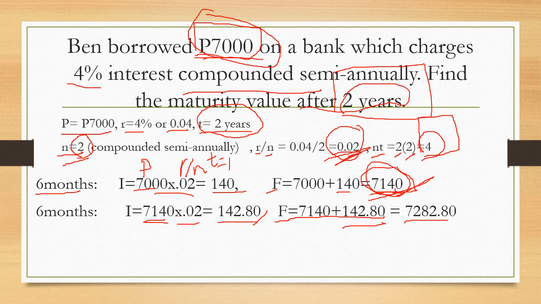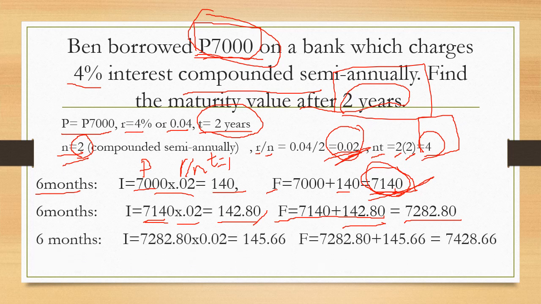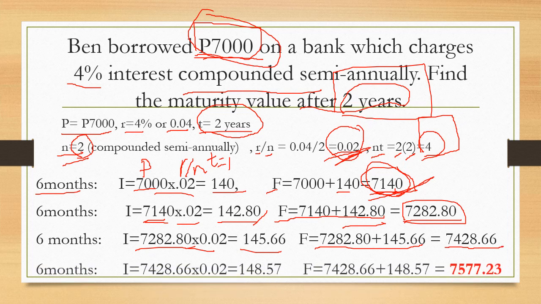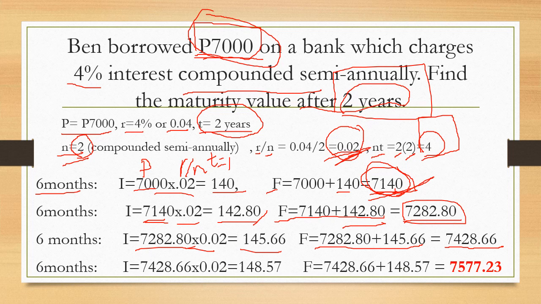So the loan now amounts to 7,282 pesos and 80 centavos. Now, for the next 6 months, this is the third. 7,282.80, this figure, times 0.02, so 145.66 is the interest. Add that to the previous future value and you will have 7,428.66.